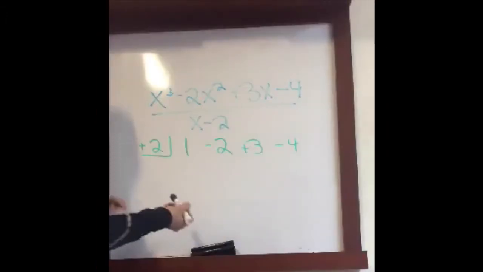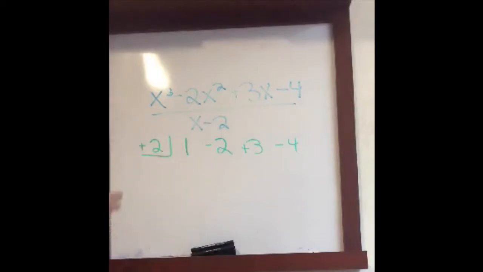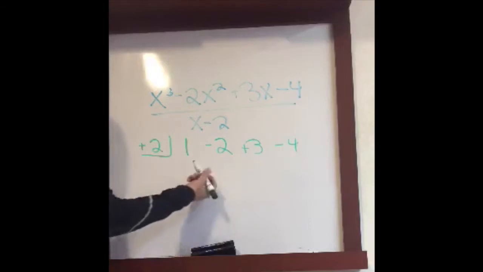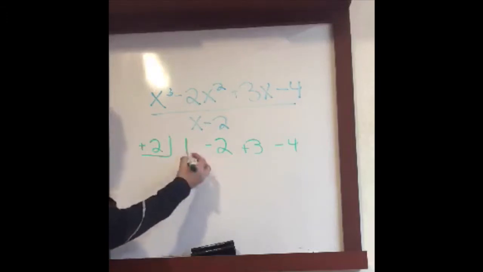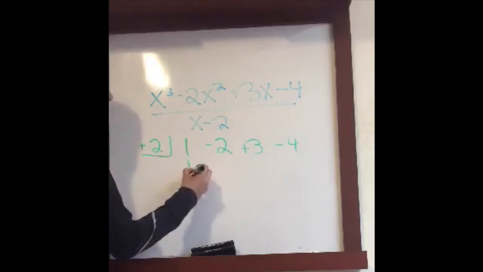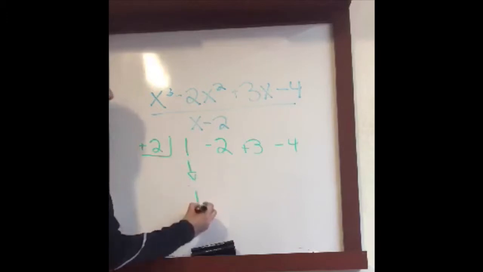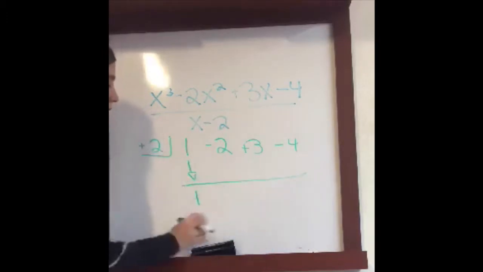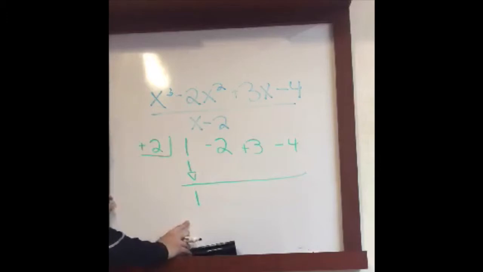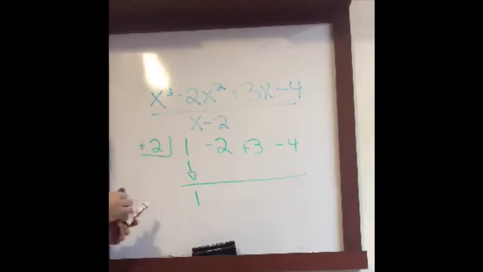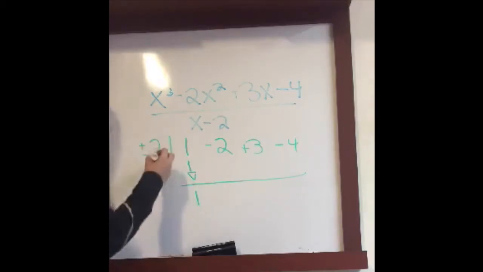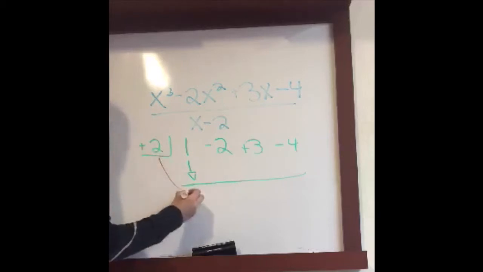Okay, now that you have this, we're going to take the first number, and we're not going to do anything with it. We're just going to put 1. We're going to bring it down. Now, to make our synthetic division, you're going to start multiplying this number by this number.